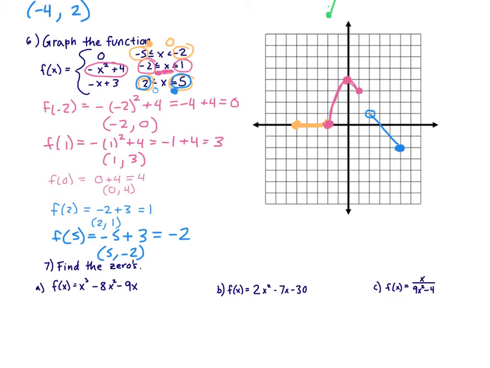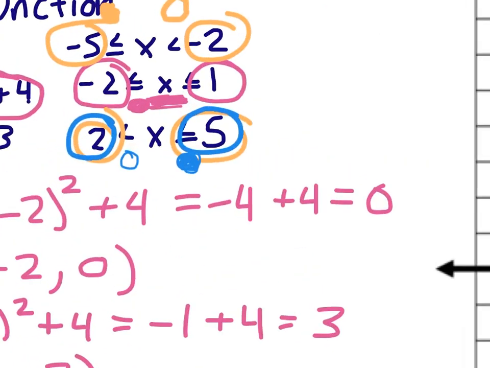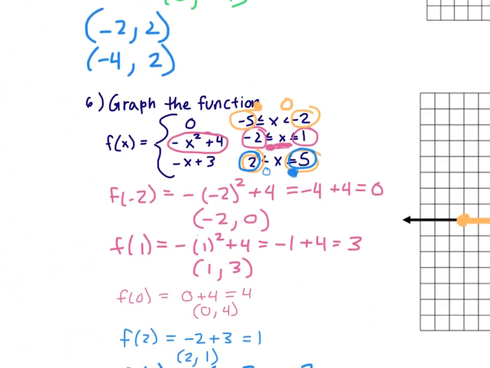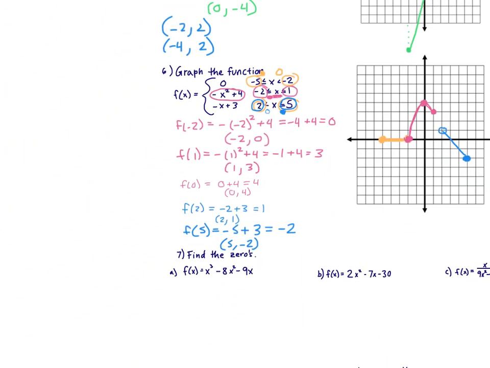How could you tell which one was open and which one was closed? So we look at our less than, greater than, less than and equal to, or greater than and equal to sign. So always, if it is less than or greater than, it's going to be an open circle.